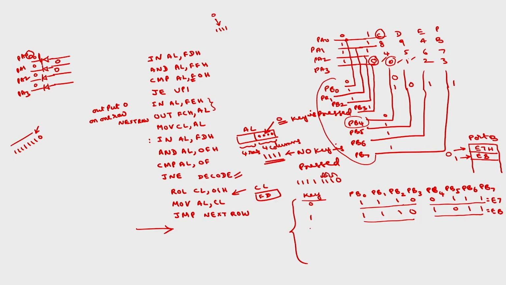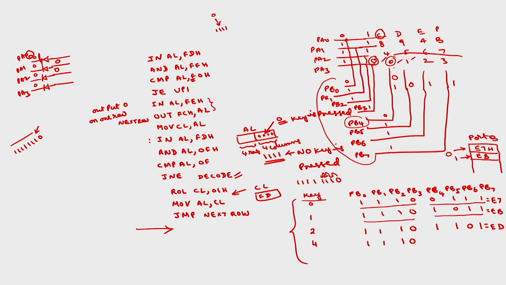Okay. Corresponding to 2, this should be 1110 only for 2 also, and 2 is here, which means this should be 0. 2 is in PB6, so PB6 should be 0. So 1 1 0 1, this will be D, so ED. Corresponding to 4, this will be the same 1110.